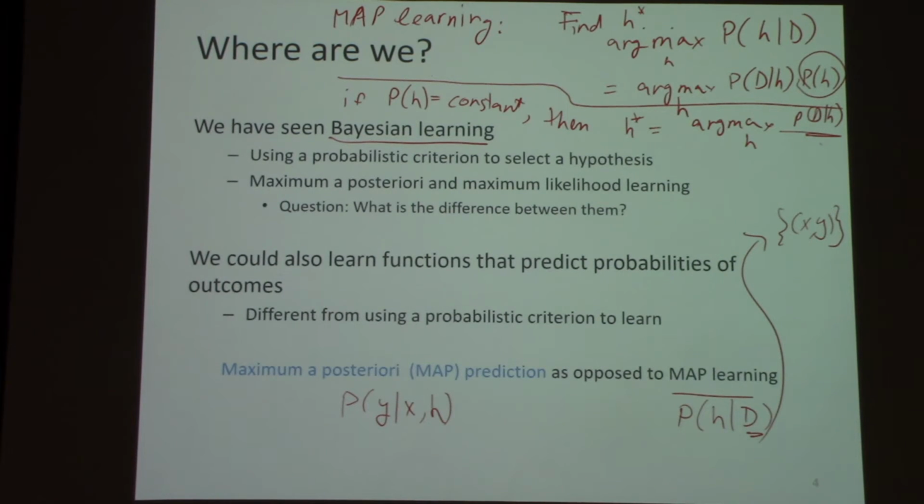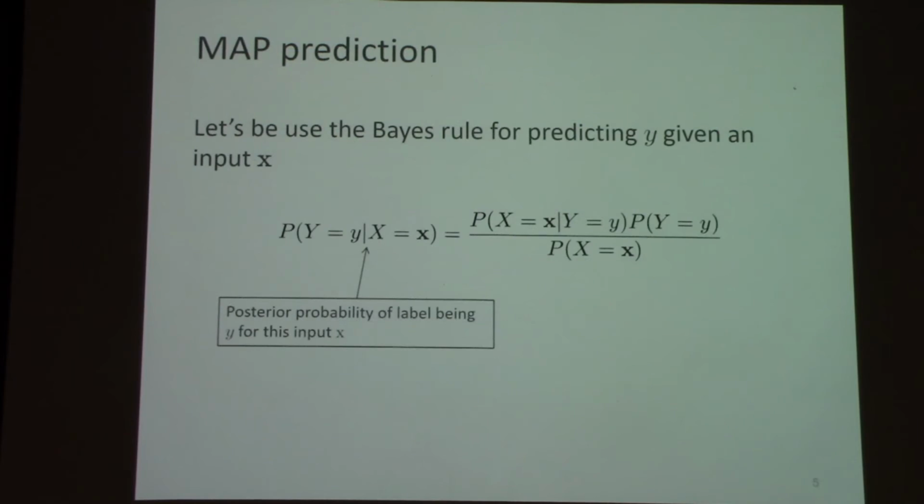Okay, so let's look at how the idea of maximum a posteriori prediction plays out. We can use the Bayes rule for predicting the label given an example. So let's say you're given a new example, x. We could ask which label is the most probable. In other words, we can ask what is the posterior probability of the label being y when the example is x.